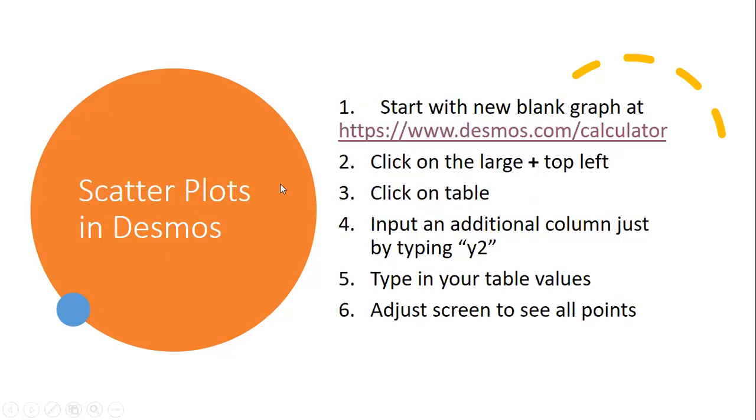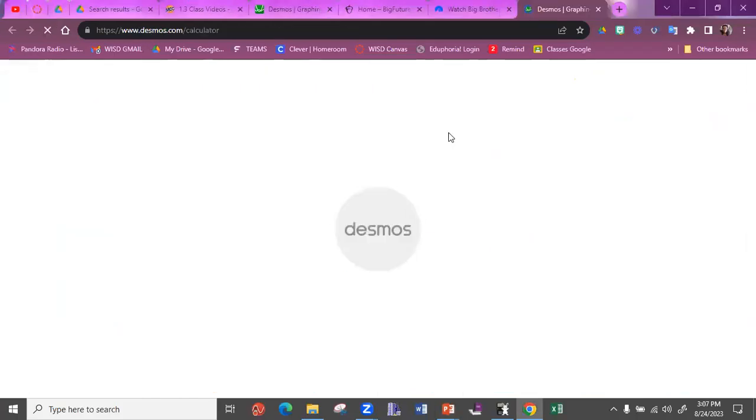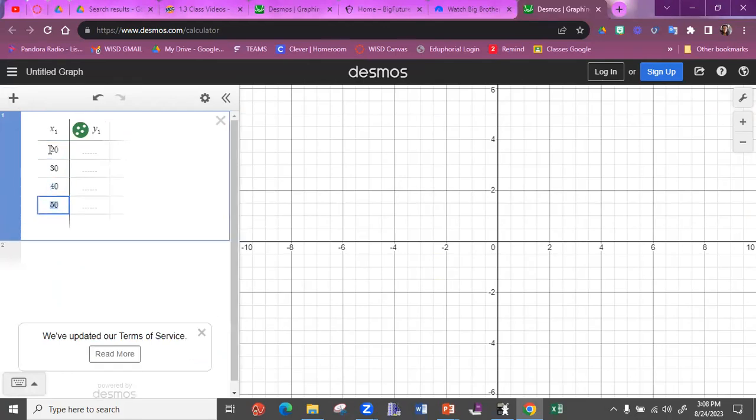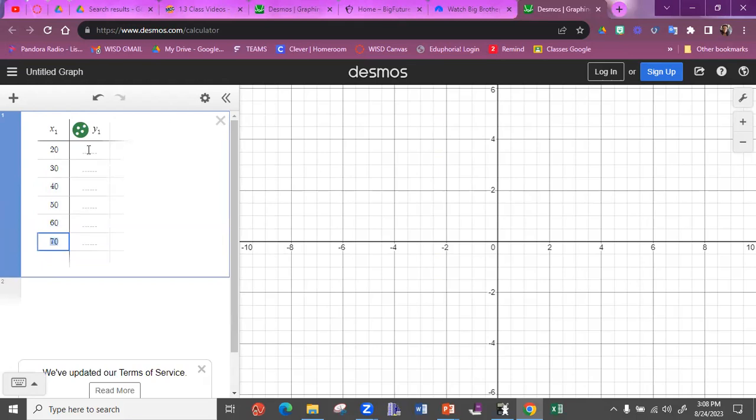Are we ready? Okay, I do not know where I put my chart, so someone's going to have to read the numbers to me. I'm going to add my table, and I start at 20, right? Yes: 20, 30, 40, 50, 60, 70. And what is the BPM for a 20-year-old? 150. For a 30-year-old?